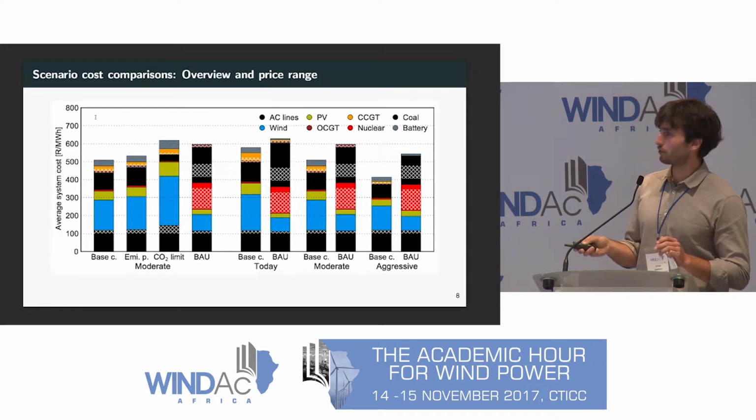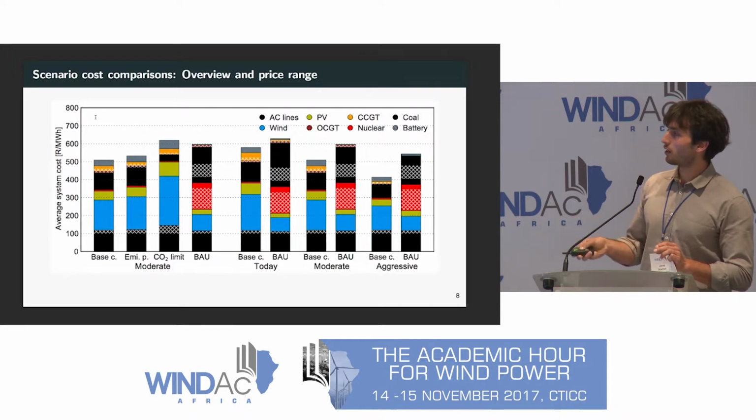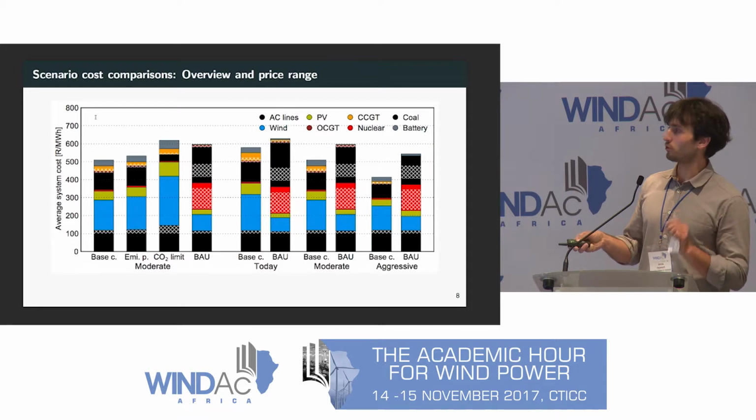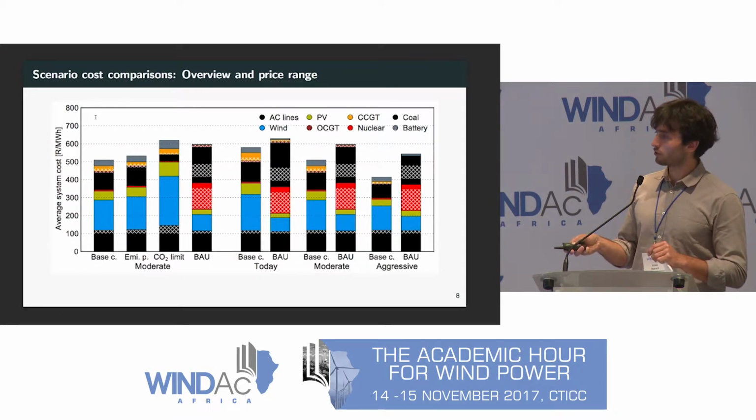the bars on the left are basically what you have already seen, except for the emission prices one, which I'm not going into detail here. But the bars on the right are the base case, the least cost case, and the business as usual case, where you force coal and nuclear capacities each for different prices.